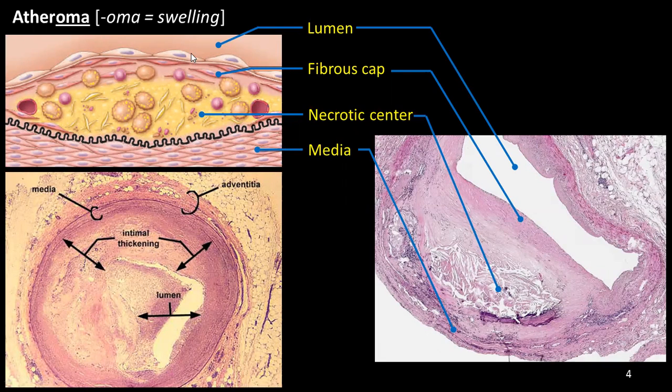Firstly, please notice that this swelling is actually inserted between two normal structures. One is the internal elastic lamina. Can you see this wavy dark line? This wavy dark line is called the internal elastic lamina. And this single layer of cells with a basement membrane, can anyone tell me what this topmost single layer is? Yes, vascular endothelium.